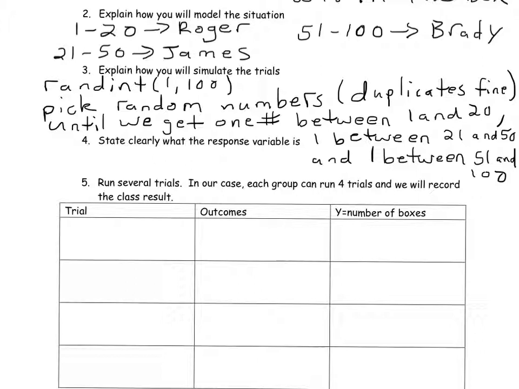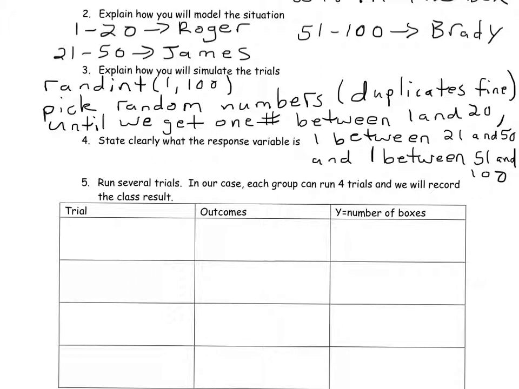And the response variable here is how many boxes in total did we need to open. So how many random numbers did we need to pick until we get the three random numbers that I talked about? We need to get one number between 1 and 20 that corresponds to getting a Federer, one between 21 and 50, and one number between 51 and 100.